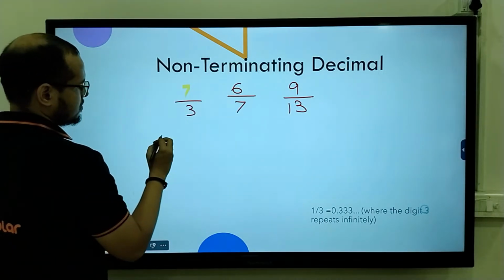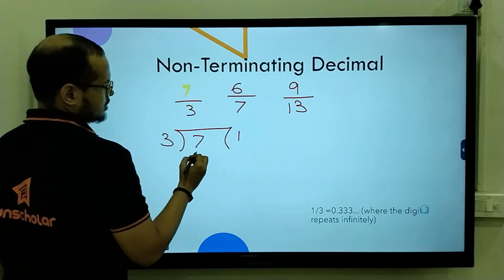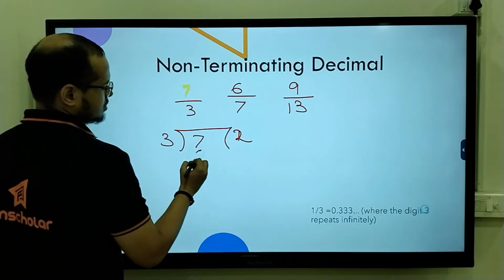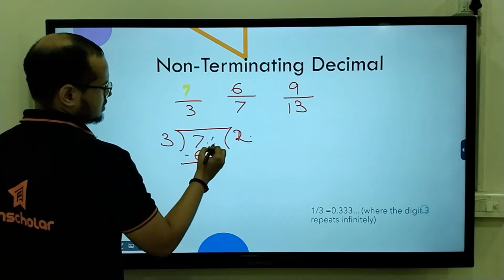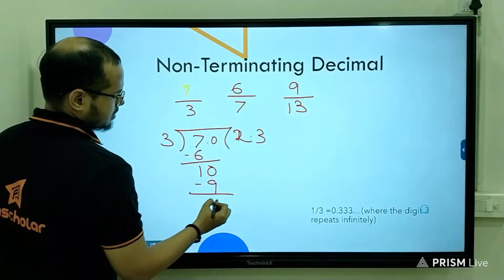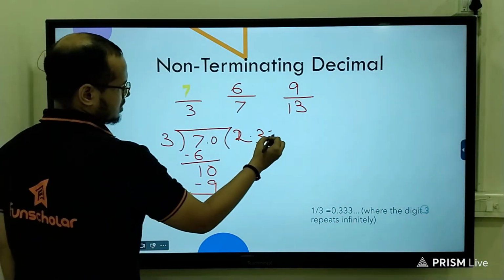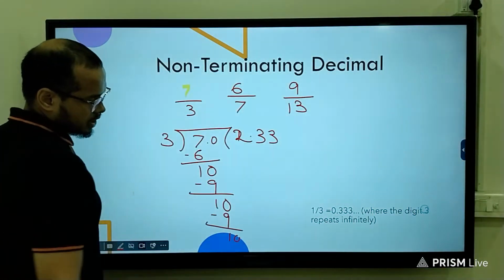7 by 3, right? So 7 divided by 3. 3 twos are 6. So 1, decimal point, 0. This will be 3, 9 minus 10, again 3, 9 minus 10, and this will continue till infinity.